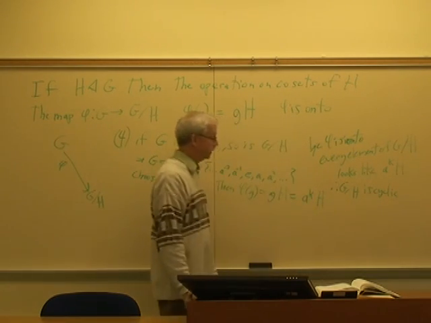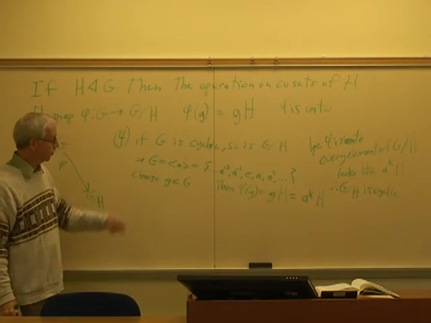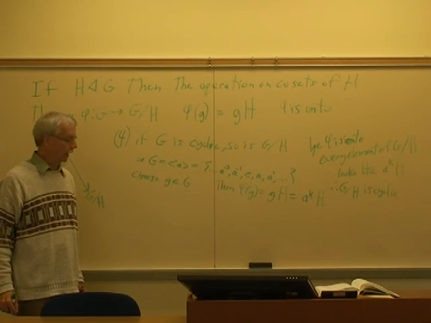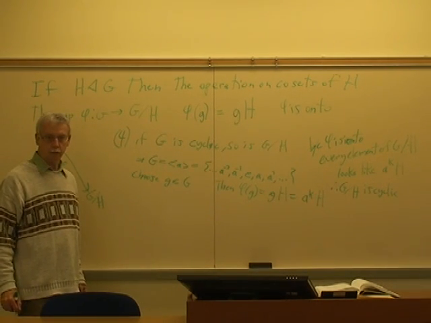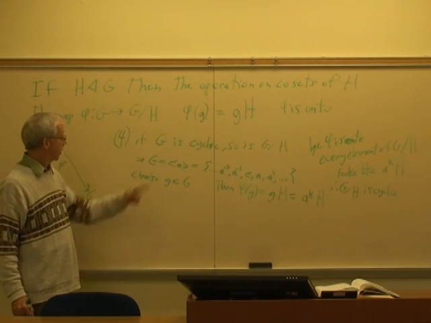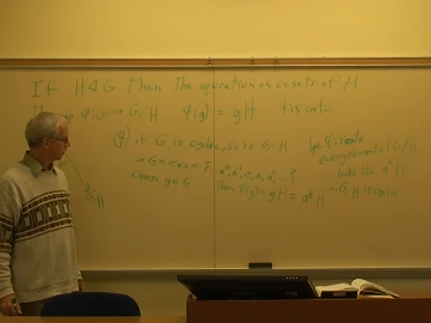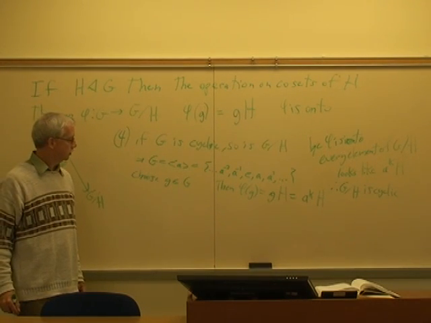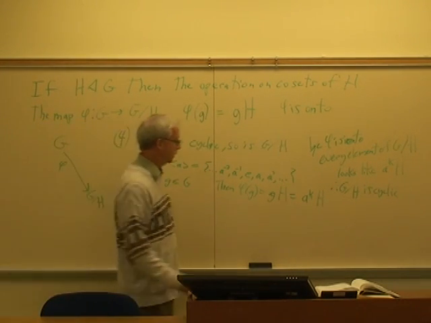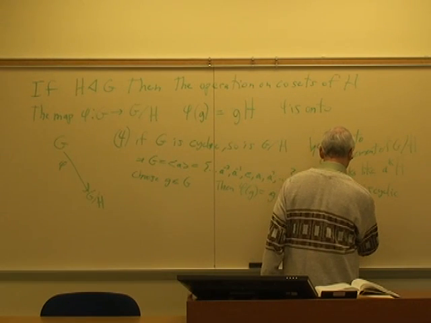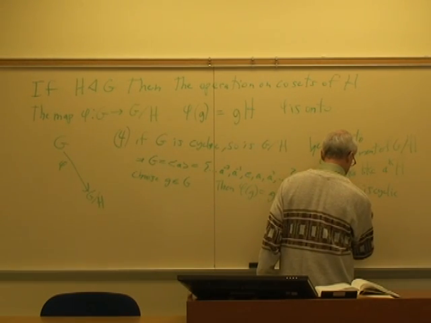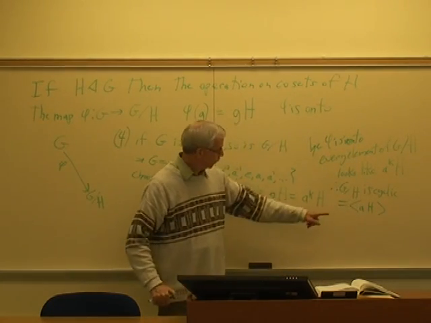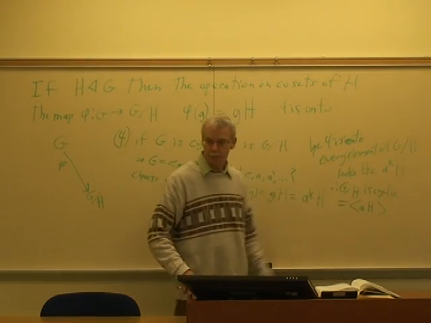with what generator? Well, where does a itself get sent by my map? The generator. To aH, right? Because if I start with aH, I can get all of these, right?